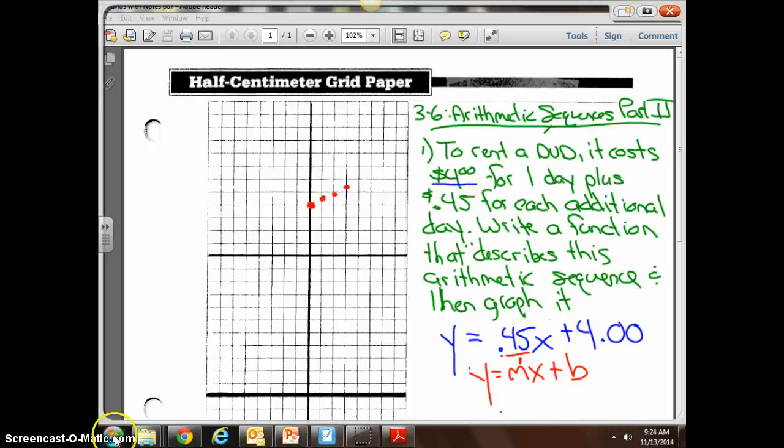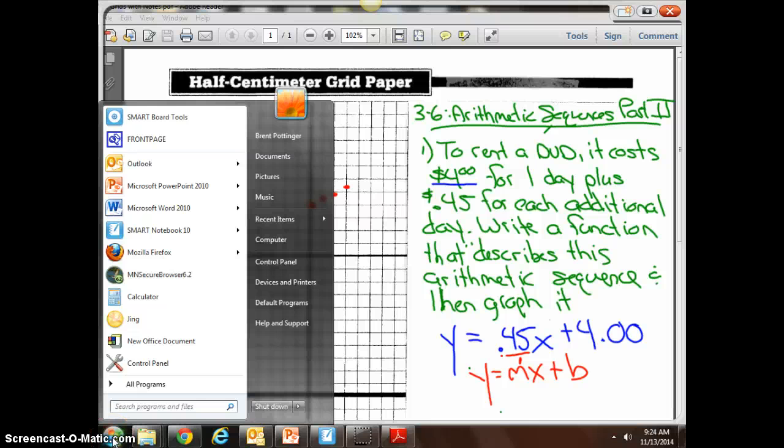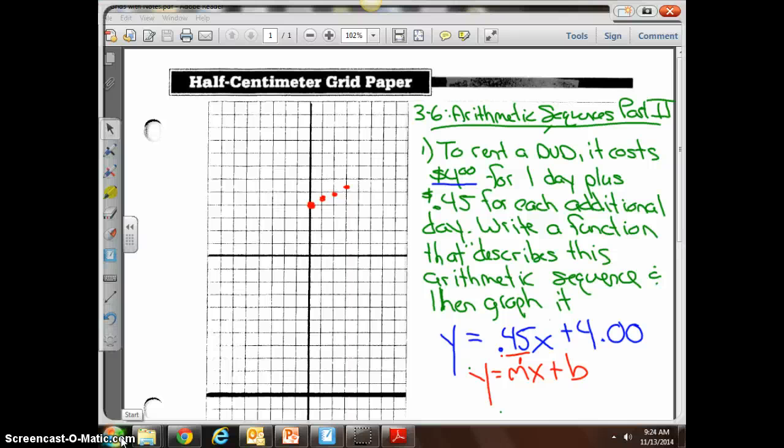In this situation, we're going to create a line that is only going to be a one-way line because the store is not going to charge us or give us money for the DVD.